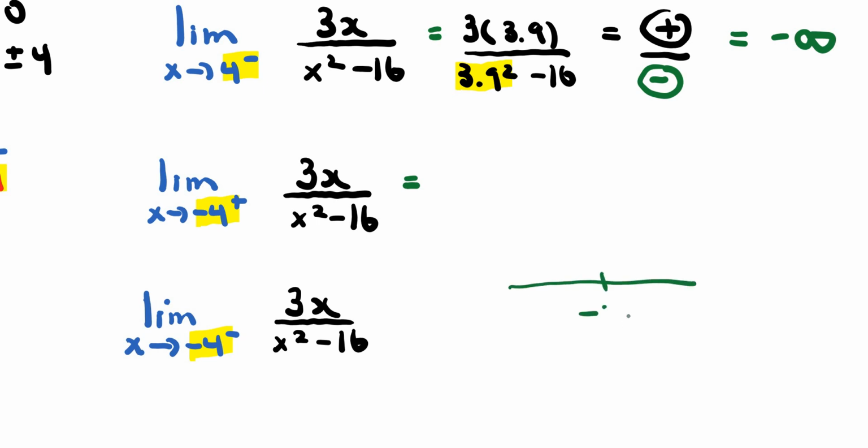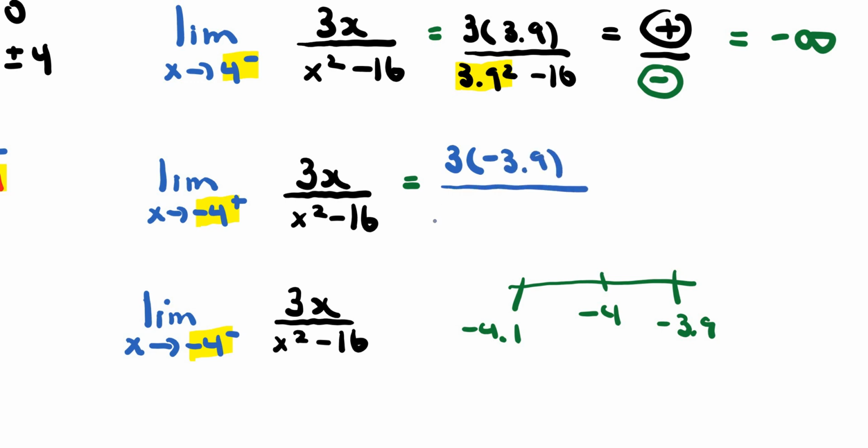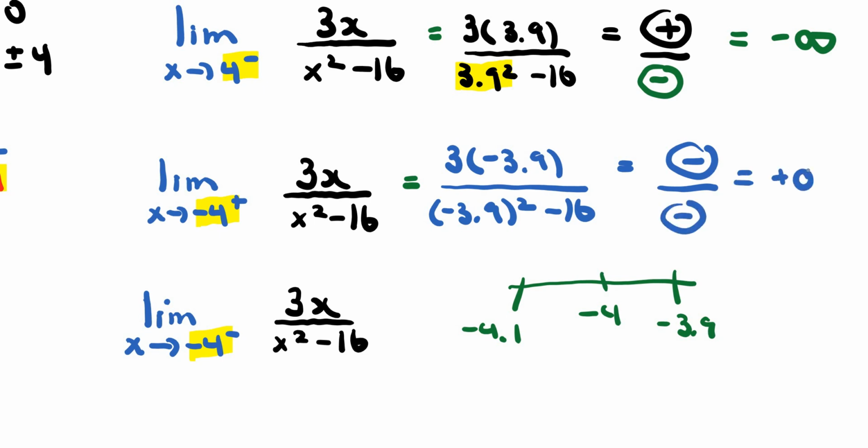If you're on negative 4 from the right-hand side, maybe you can have negative 3.9, and on the left-hand side, maybe negative 4.1. So if you're approaching negative 4 from the right-hand side, just substitute negative 3.9, negative 3.9 squared minus 16. The numerator is going to be negative, and the denominator is also going to be negative, and a negative over negative is going to be positive infinity.